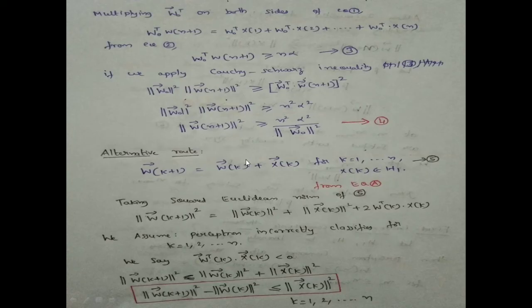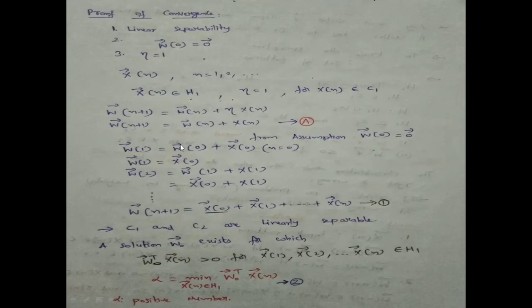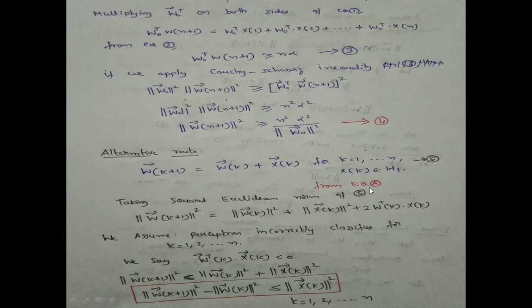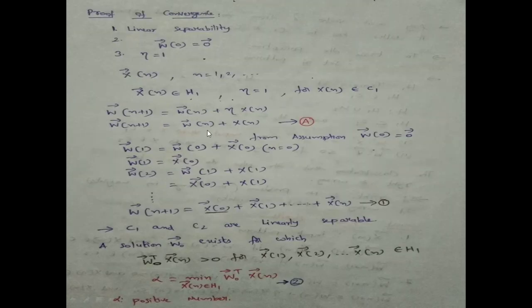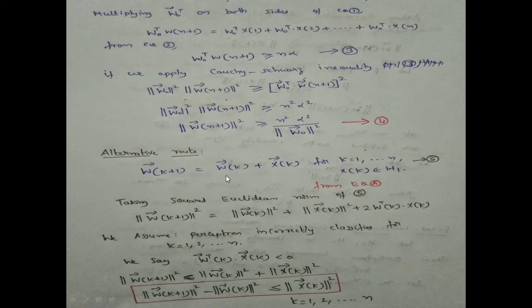Now we follow another alternative route, that is, we take another development route. Considering equation A, which we discussed previously, W of n plus 1 equals W of n plus x of n. We replace n with k here, so we get W of k plus 1 equal to W of k plus x of k, for k equal to 1 up to n, where x of k belongs to H1.